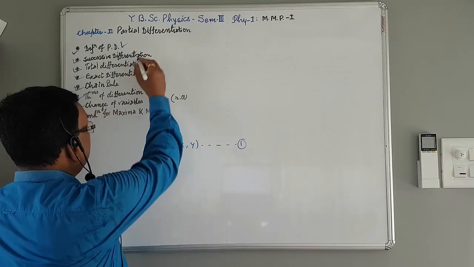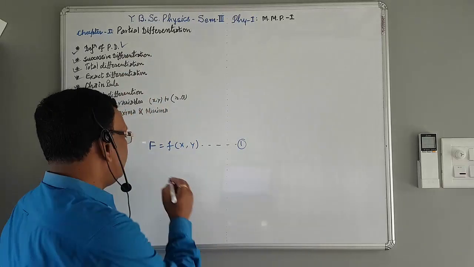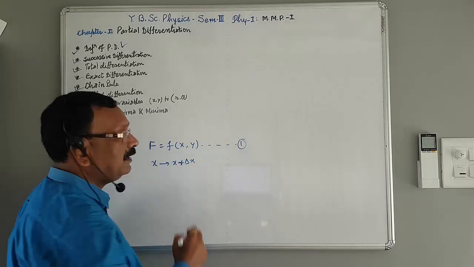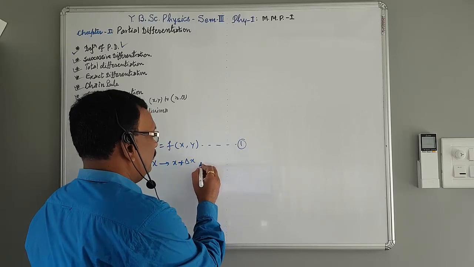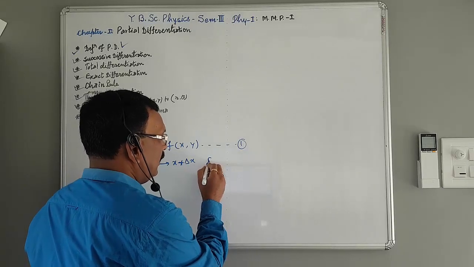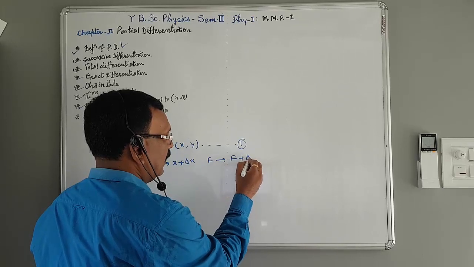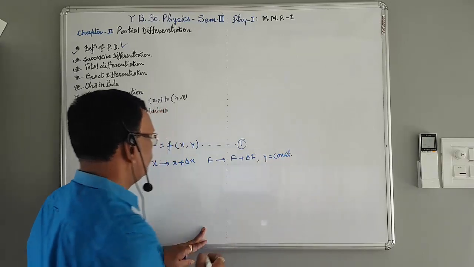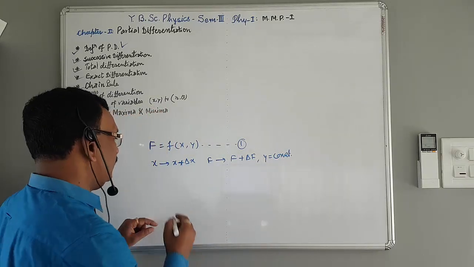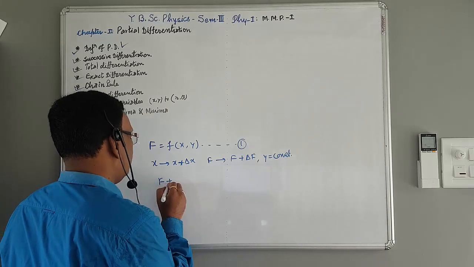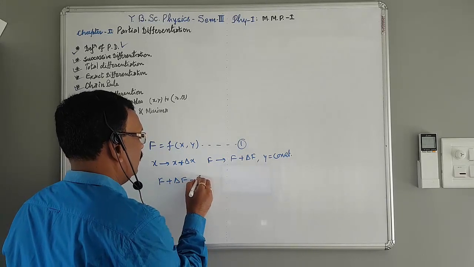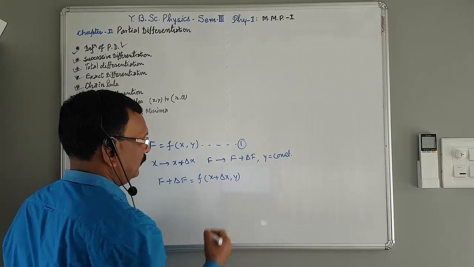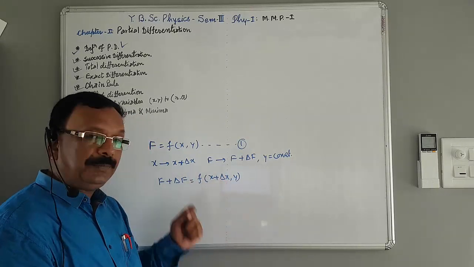Now, in order to see the partial differentiation, if x changes to x plus delta x, where delta x is a small change in x, at that time function f changes to f plus delta f, keeping y constant. Then this is written as f plus delta f is equal to f of x plus delta x comma y, where y is kept constant.